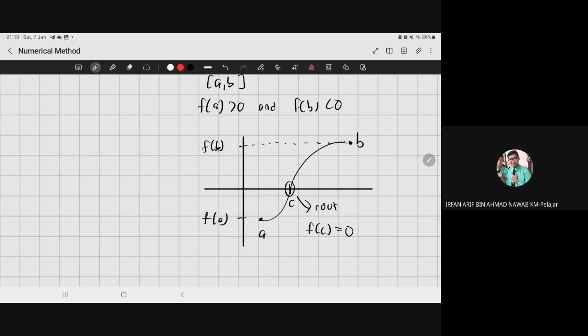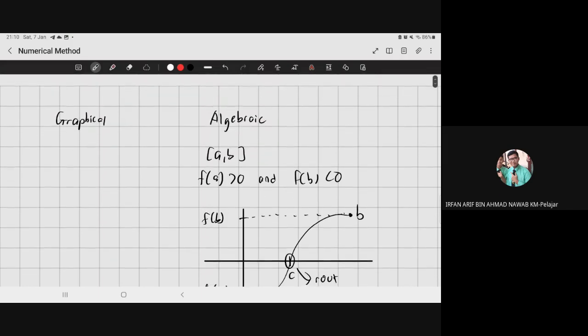If you are interested in learning more, you could look up the Intermediate Value Theorem. It's a theorem that helps us show there is a root. For now, we are just trying to say there is a root in the interval.